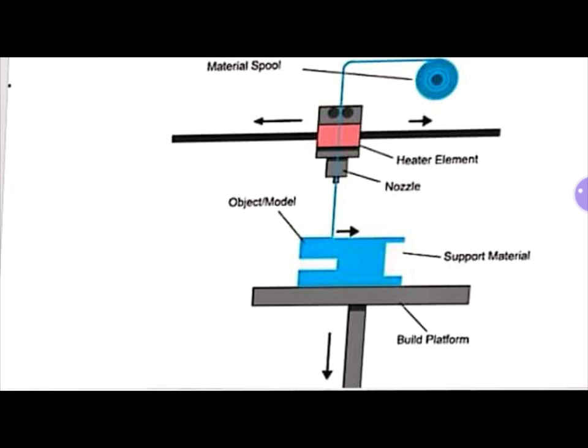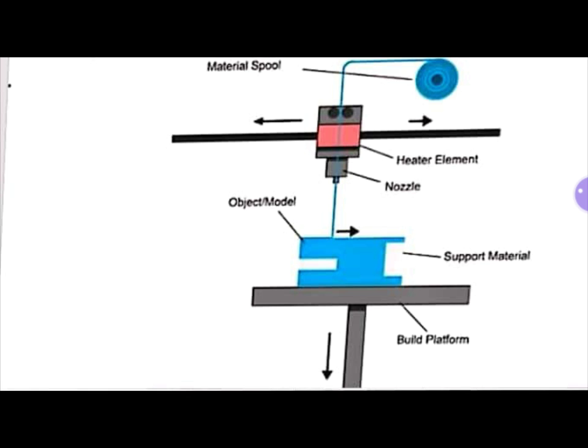When the material turns into the liquid phase, it then passes with a constant pressure from the nozzle. So in order to create the pressure, we are going to use some elements there in order to force the material out of the heating element with the help of a nozzle.